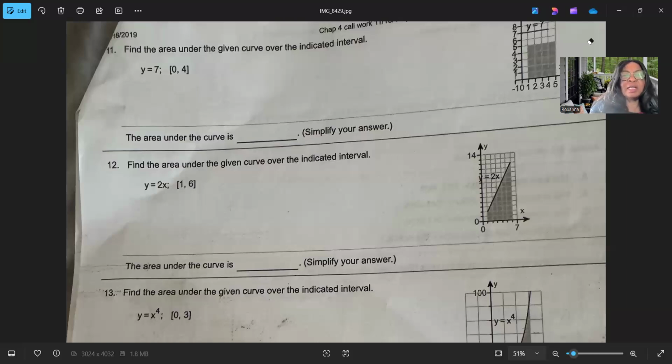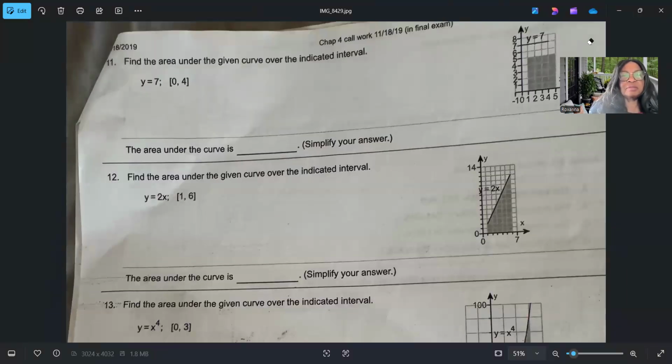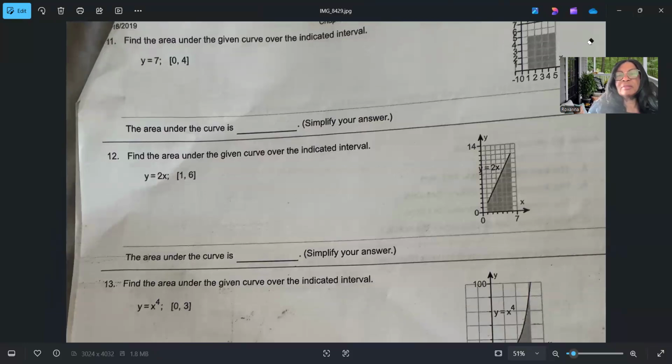So you can rewrite it as the integral from 0 to 4 of the number 7 dx.